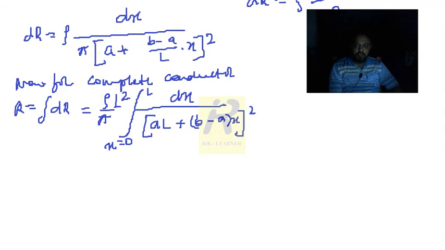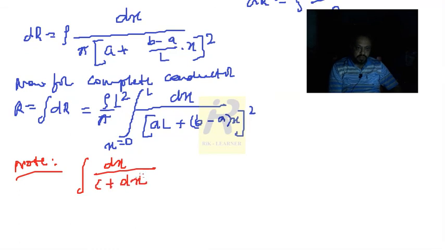Now be careful about the denominator, which is something like this. You should note any integration in the form dx divided by (c plus d into x), squared, be careful, you may confuse with some e into x.